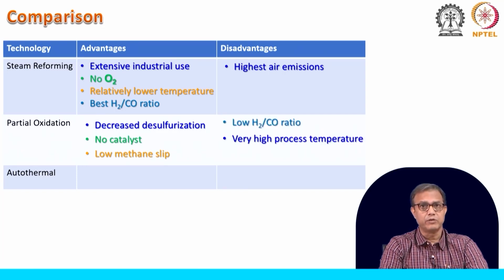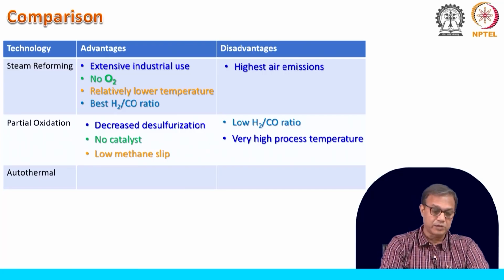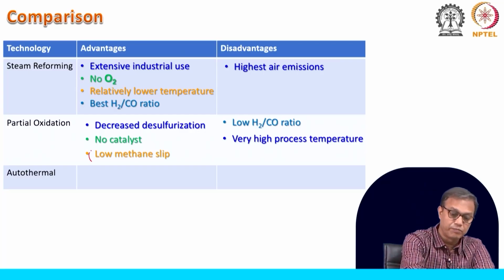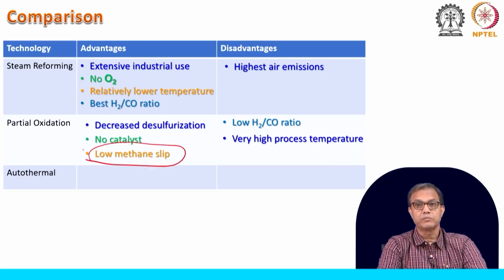Relatively on the disadvantage part, we find that it has a low H2 by CO ratio, and of course, as we have learned, its temperature is quite high, nearly about 1200 to 1400 degrees centigrade. And here on the advantage part we have written the low methane slip, that means the methane content in the final product will be much less.